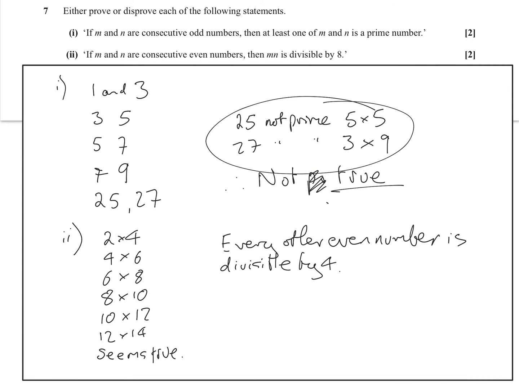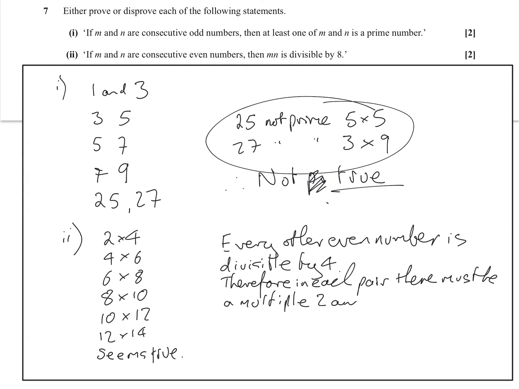Therefore, in each pair, there must be a multiple of 2 and a multiple of 4. One is divisible by 2, one is divisible by 4.